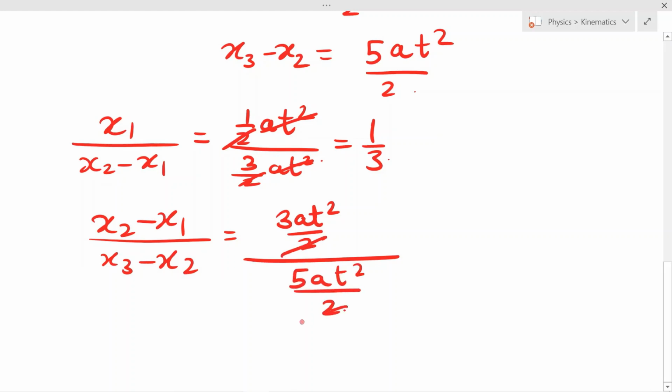So these two get cancelled, this at square gets cancelled, so this will be 3 by 5. So you can see a pattern over here. It is 1:3:5:7 and so on. The ratio will be like that.